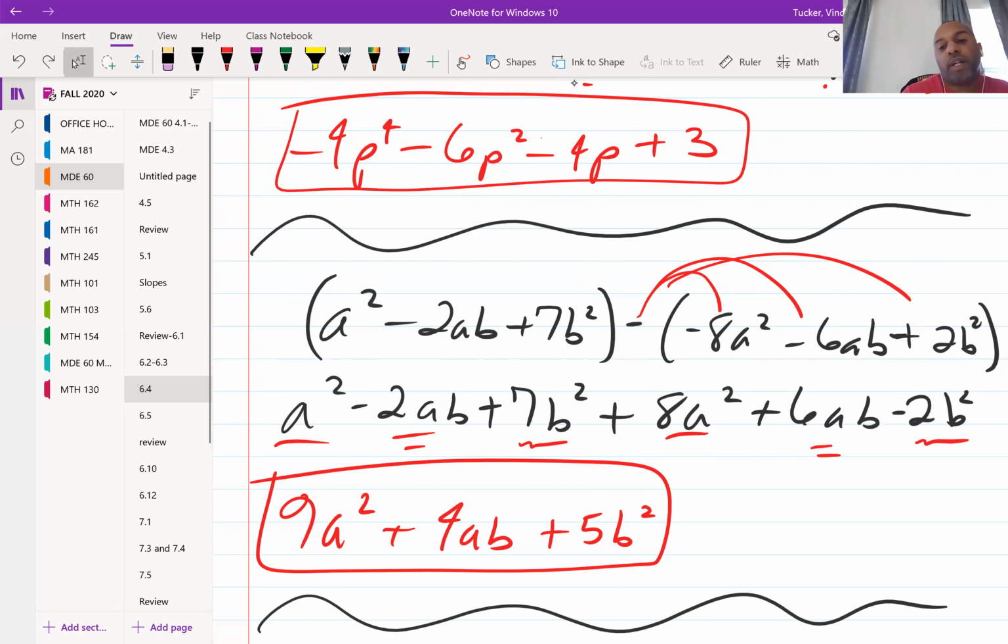Once you've done that, combine your like terms. A squared and 8a squared will be 9a squared. Negative 2ab, positive 6ab will be a positive 4ab. 7b squared, negative 2b squared, positive 5b squared.